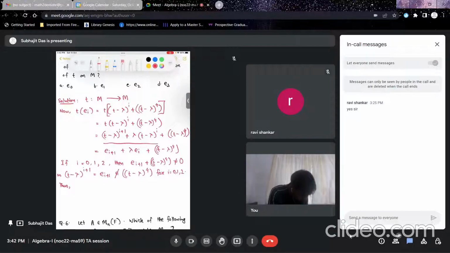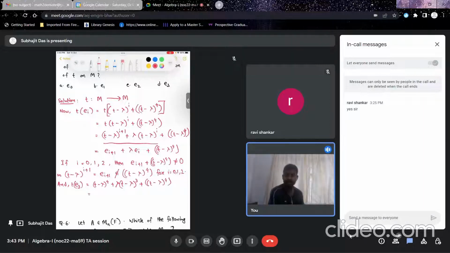Now, one more thing. t times E3 is (t minus lambda)^4 plus (t minus lambda) plus lambda times (t minus lambda)^3, plus the ideal generated by (t minus lambda)^4, right?